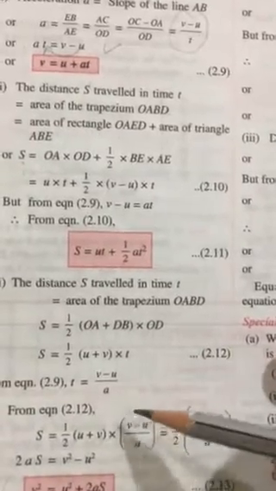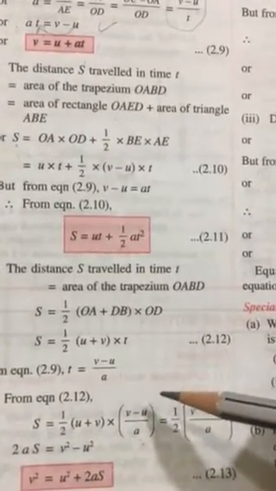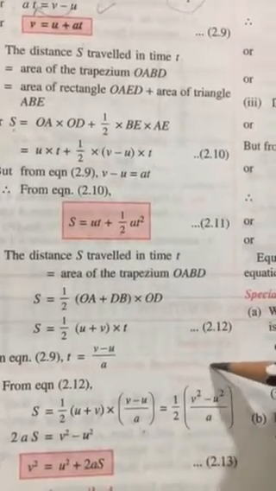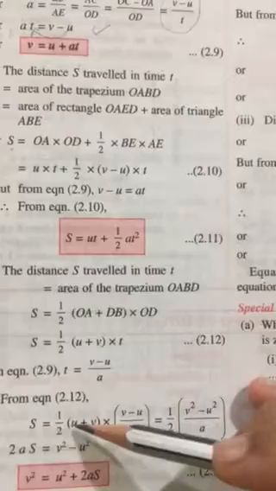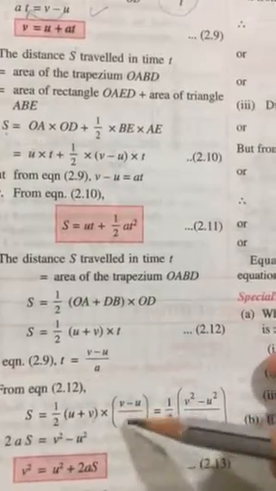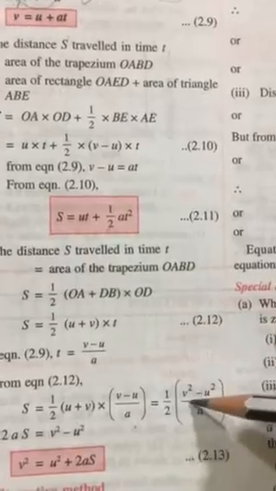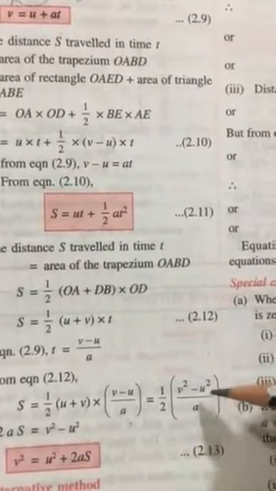If you know A square minus B square is equal to A minus B into A plus B in mathematics, then V plus U multiplied by V minus U is given by V square minus U square.